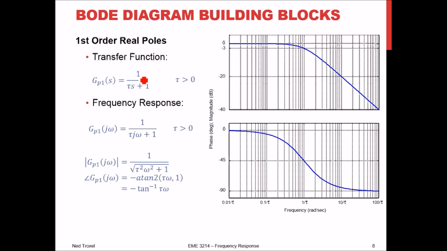You see that the static gain, take s to 0, 1 over 1 is 1. You may have to reorder or restructure some of the poles that we've done in order to get them in this form, but it can be done. And we make the stipulation tau is greater than 0, that means it's going to be a stable pole.